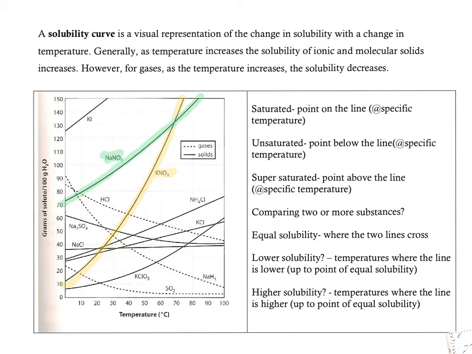However, once you're above 70 degrees, the line is higher. So potassium nitrate has lower solubility at temperatures less than 70 degrees, but higher solubility if the temperature is greater than 70 degrees.